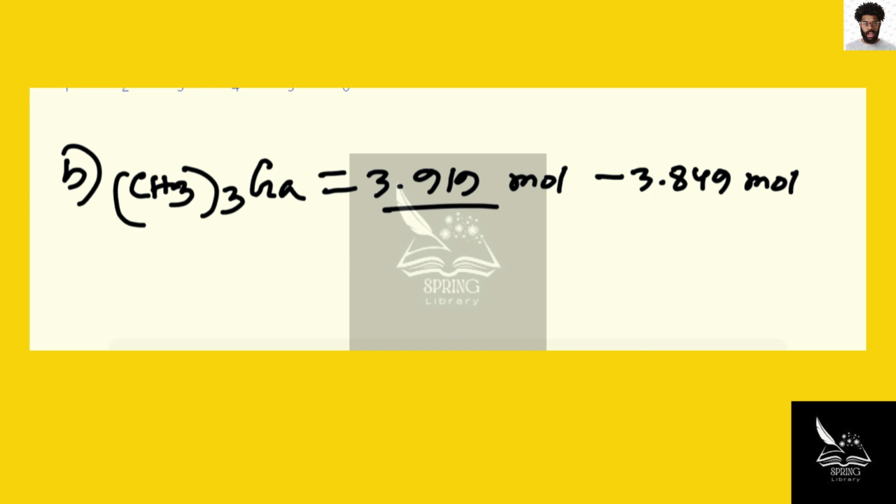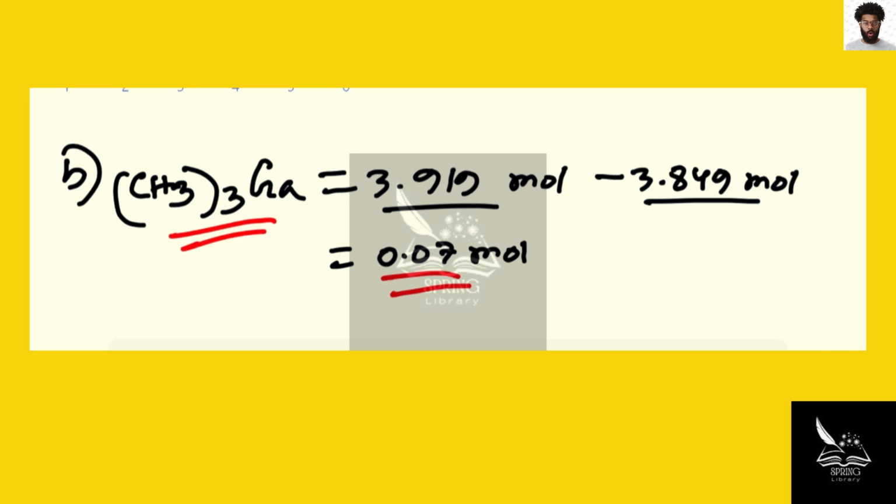So we had this much in the reaction mixture and we are reacting this much. So the amount which is left over will be the subtraction, and the value will be 0.07 mole. So this is the number of moles of trimethyl gallium which will be left over after the reaction is completed.